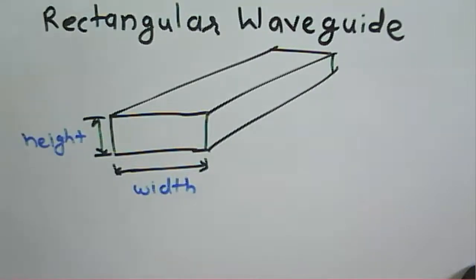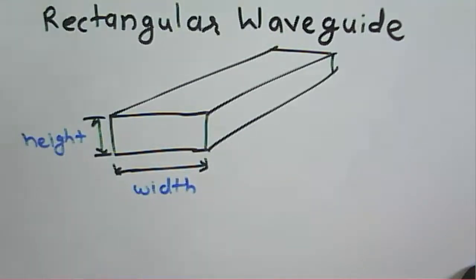Now for this width, there are some electric and magnetic field components, and we look at how they are excited and what they look like inside the waveguide.